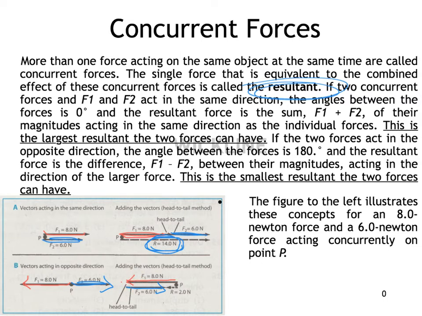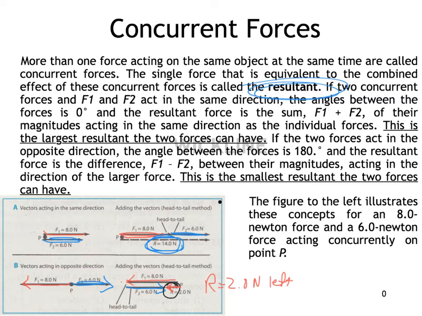So I am doing a head to tail method. It's listed right here, but there's the head and there's the tail. So you always line up the tail of one vector with the head of the other. But you come out with this as a difference. So the difference between the two vectors is it looks like only 2 newtons. And that 2 Newton force is primarily pointing to the left. So that means that the resultant force in this case is 2 newtons left.